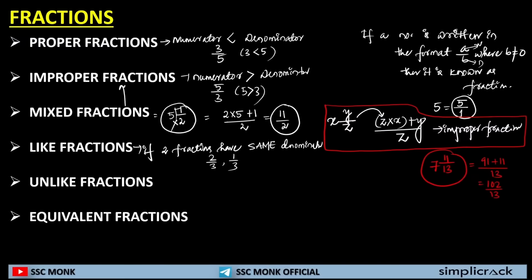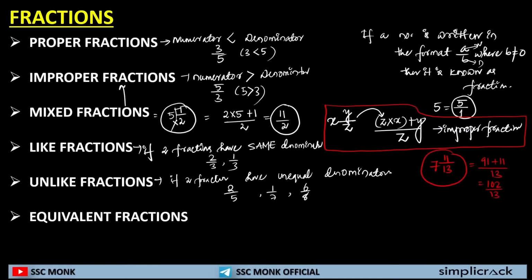Clear? If two or more fractions have unequal denominators, that is known as unlike fractions. That means 2 by 5, 1 by 7, 6 by 8, like this. Clear?